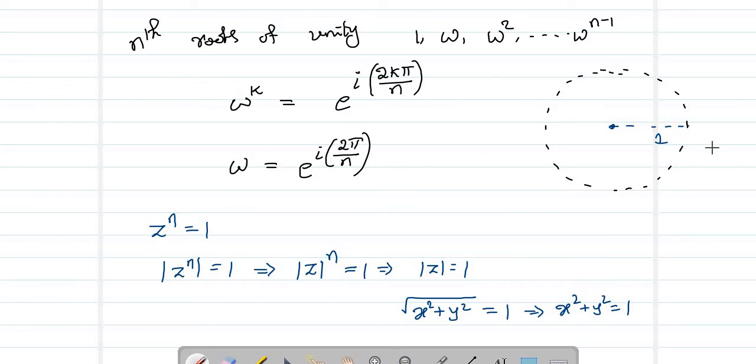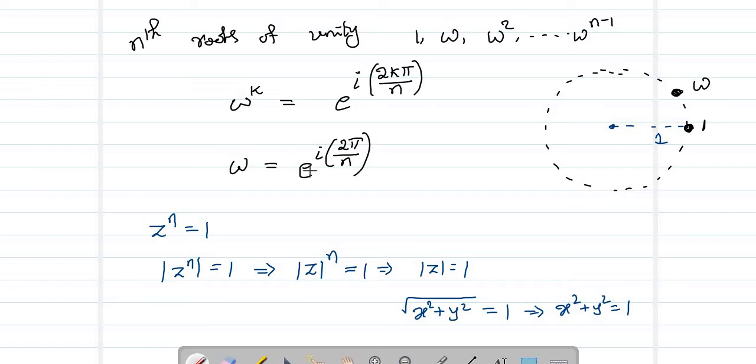Now suppose the first root is here, that is 1. The second root is e power i 2 pi by n, so it is on the unit circle, somewhere here. Let me say this is 1 and this is omega.